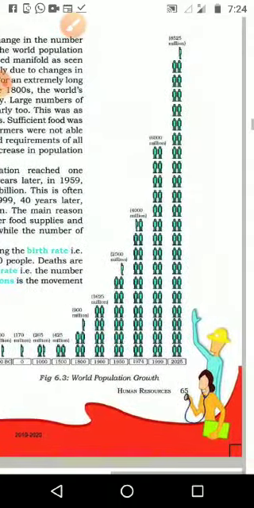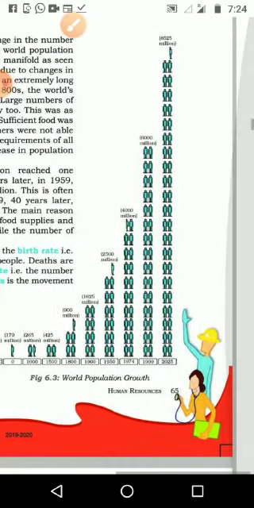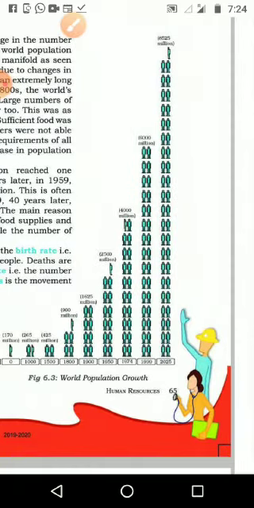From that, just after 300 years, it doubled from 425 to 900 million. Then again after 100 years, it nearly doubled, around 1625. Then again after 50 years, it increased by about 1000 million again, reaching 2500 million people.